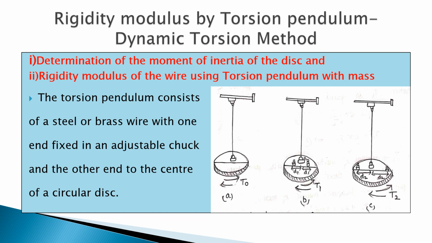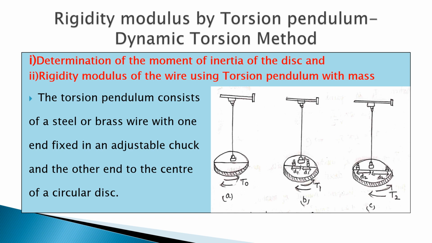In the second part, we are going to add 2 equal cylindrical masses near the center of the wire above the disc. That means the cylindrical masses will be along the diameter of the disc at very close distance between each other. The distance is taken as d1 and the disc will be made to undergo oscillation. The time period will be taken as T1.